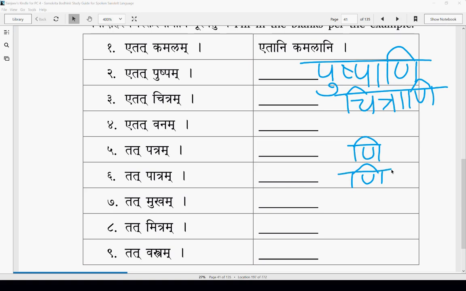Tat patram, tani patrani; tat mukham, tani mukhani; tat mitram, tani mitrani; tat vastram, tani vastrani.